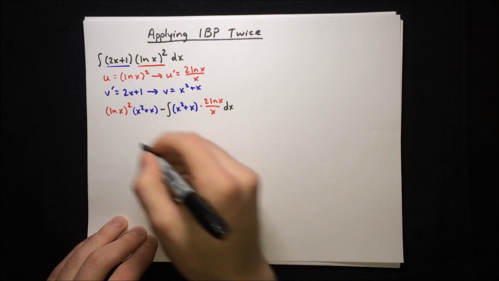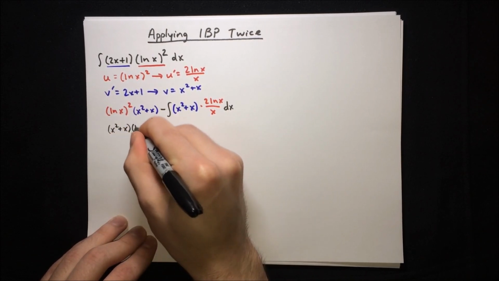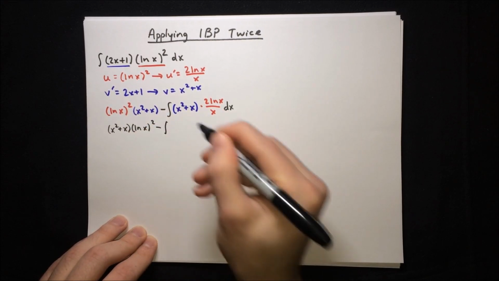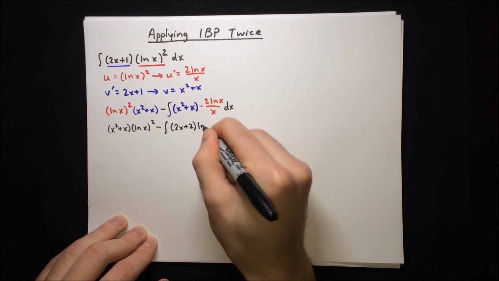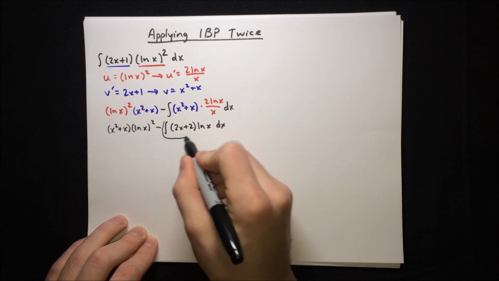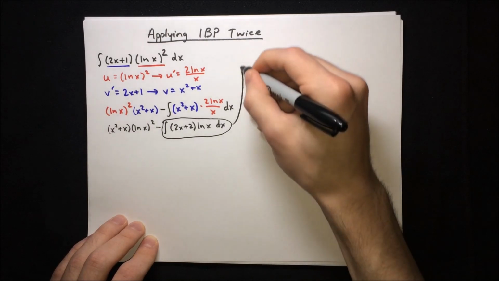And we'll simplify this a bit. So this is just x squared plus x ln x squared minus the integral of 2x plus 2 ln x dx. And now this integral is something that we need to apply integration by parts again to solve.